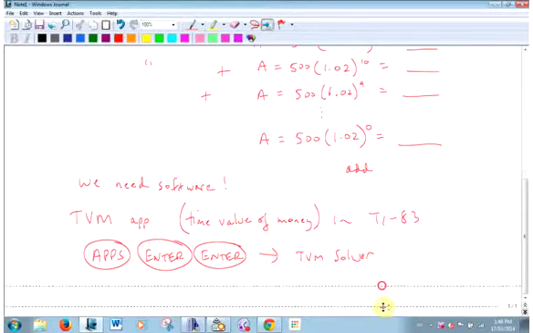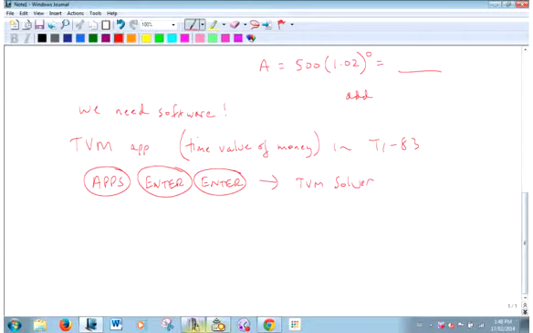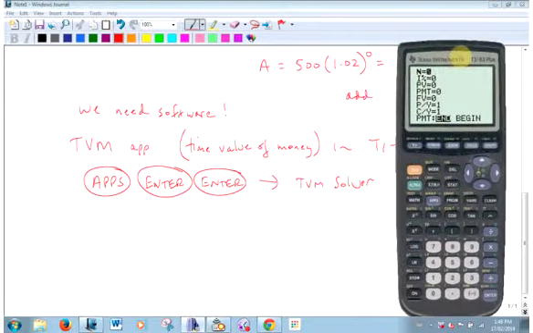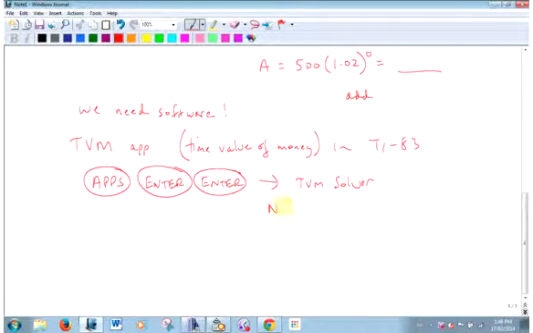And we're going to have a big screen that looks like that. I'm going to write out what all the stuff is. N. We got I. We got PV. Any idea what that stands for? Present value. PMT. Good guess though. FV.